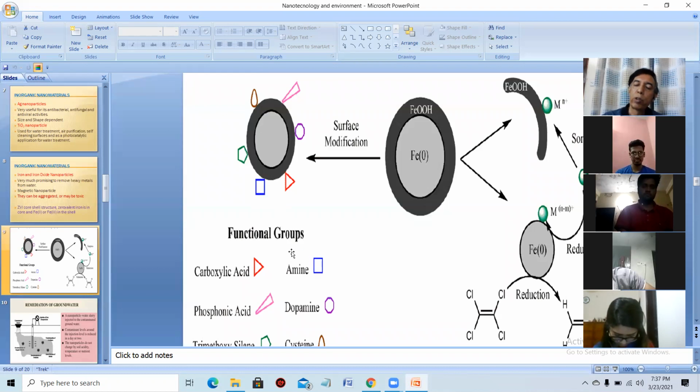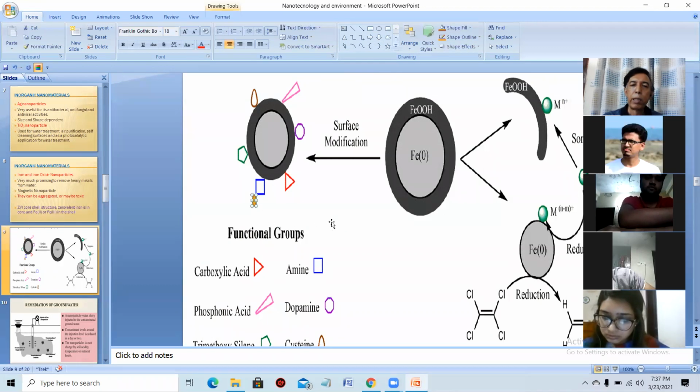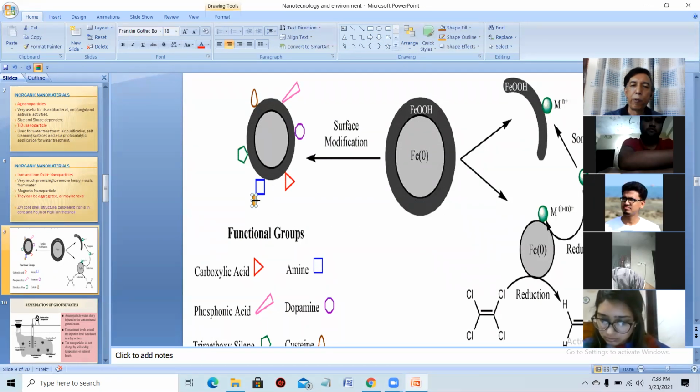This lone pair of electron will be coordinated to, say for example, a copper atom. If this is a copper atom, then the copper atom will be attached to this amine group.